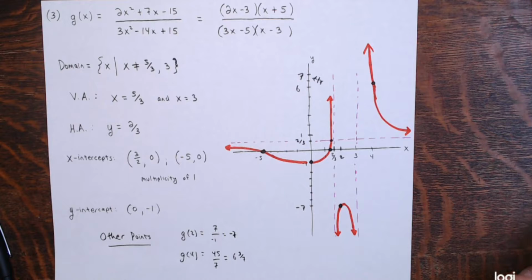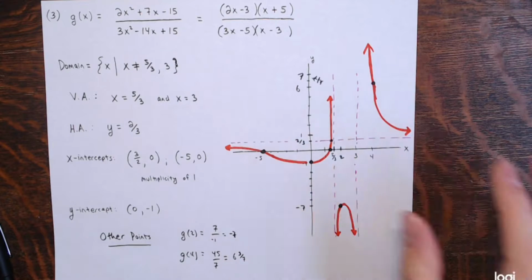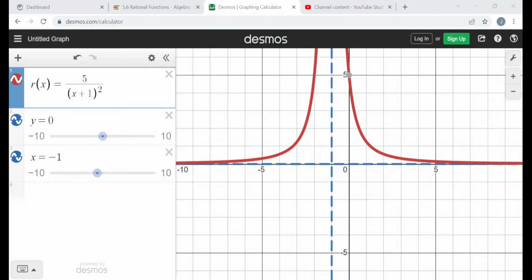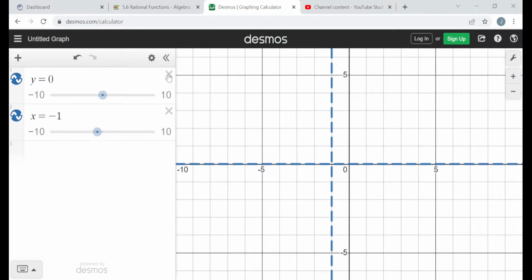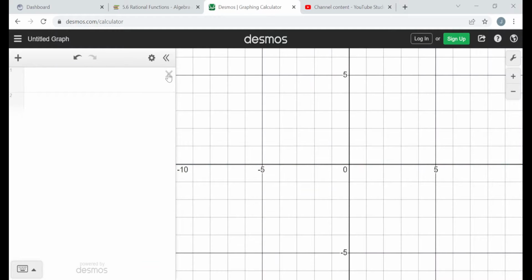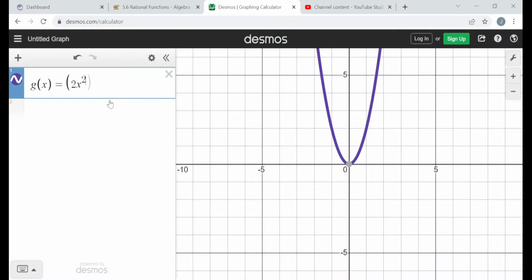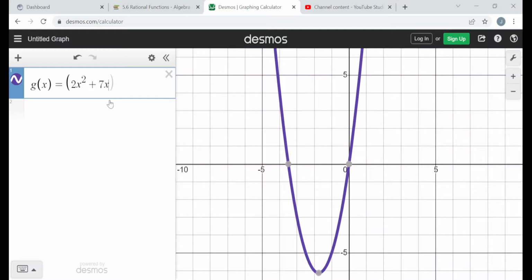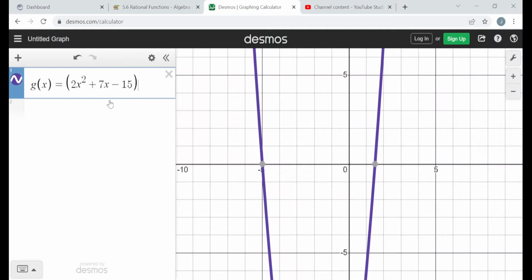So let's take a look at how this graph compares to the real thing. Okay, so we were given g of x. We actually put it in there. Equals, the numerator is 2x squared plus 7x minus 15.